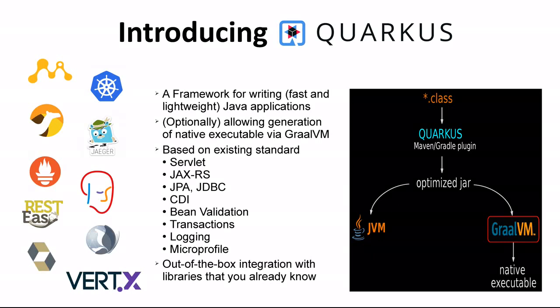As I showed you, I'm exposing my services with a REST API, and I'm using CDI, and I may want to integrate my rule engine with a Camel route, or monitor it with Prometheus and Grafana, or feed it with Kafka Streams.